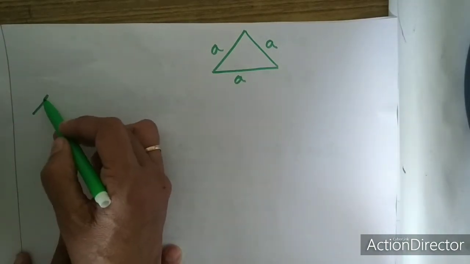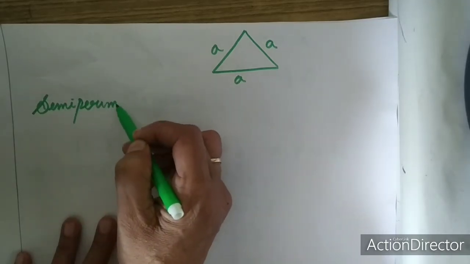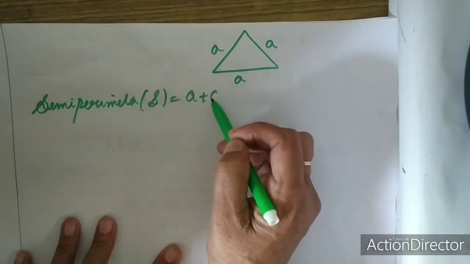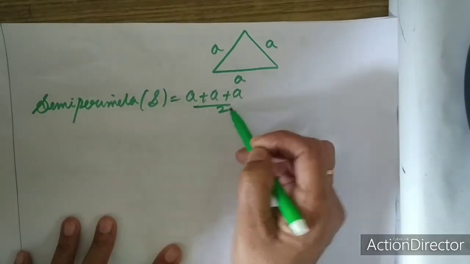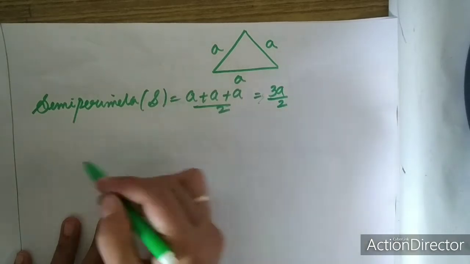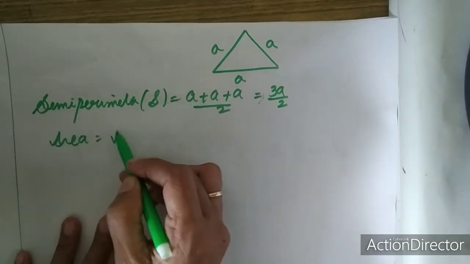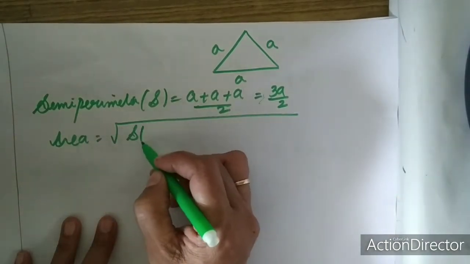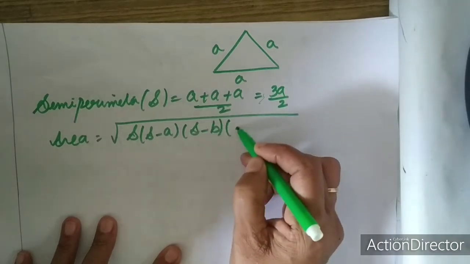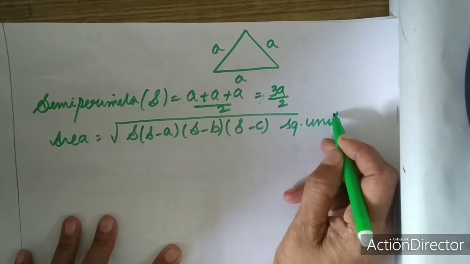The first step is to find the semi-perimeter S, which is equal to (A plus A plus A) divided by 2, which is nothing but 3A upon 2. Now our formula is area is equal to under root of S into (S minus A) into (S minus B) into (S minus C) square units.